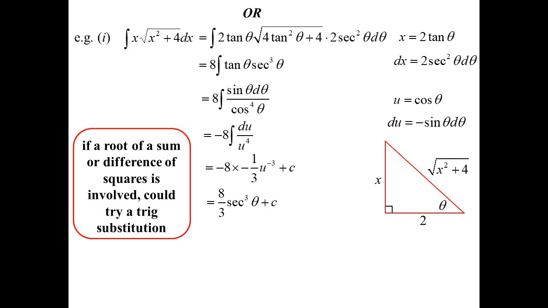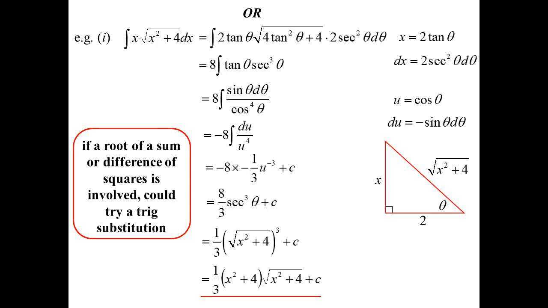It is not a coincidence that the missing side of my triangle happens to be exactly the same as the square root sign in the question. I just read off my triangle now. Sec is the reciprocal of cosine, so I have hypotenuse over adjacent. Sub that back in, and eventually I now have my answer. Is that the best substitution to use? Probably not.